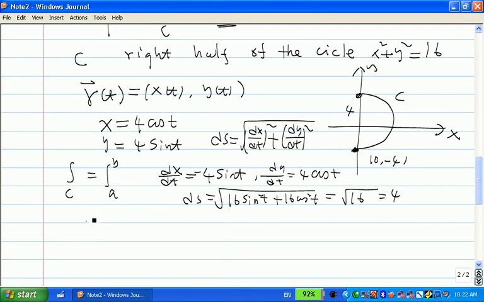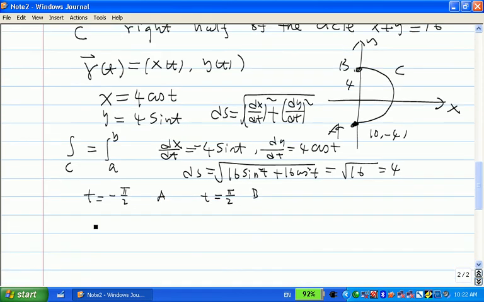So obviously when t equals minus pi over 2, that gives this point; I call this point A. And when t equals pi over 2, that gives this point, I call B. Therefore, this line integral over C, let's see what I have here.